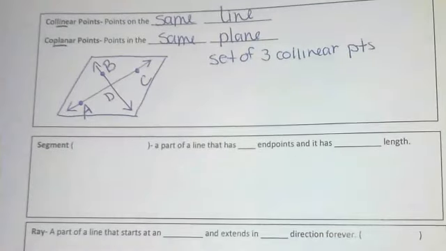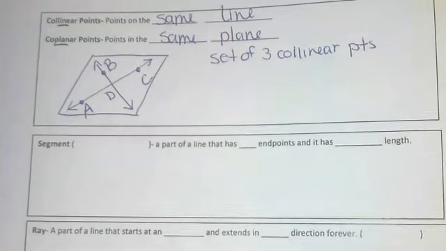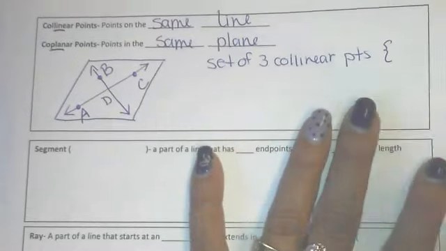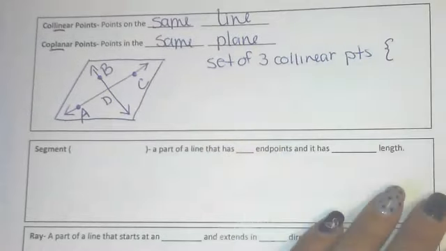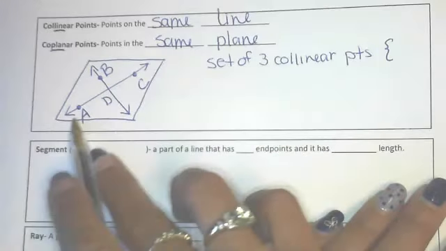So we're listing a set of 3 points that would be classified as collinear. You'll see the book use this set notation, the brackets that everybody has a hard time drawing. You don't have to do that. You can just list the 3 points, and I'm fine with that. But who can give us a set of 3 collinear points, Rodney? A, D, and C. A, D, and C are all on this line here.